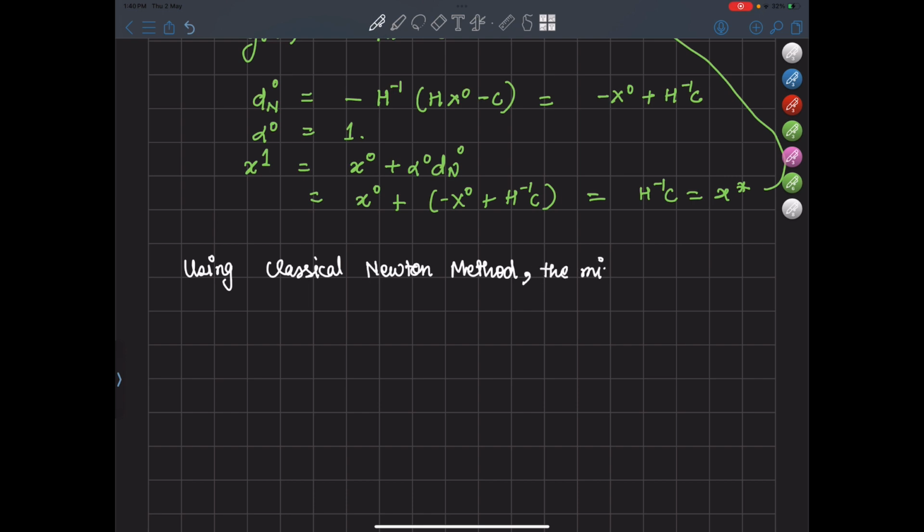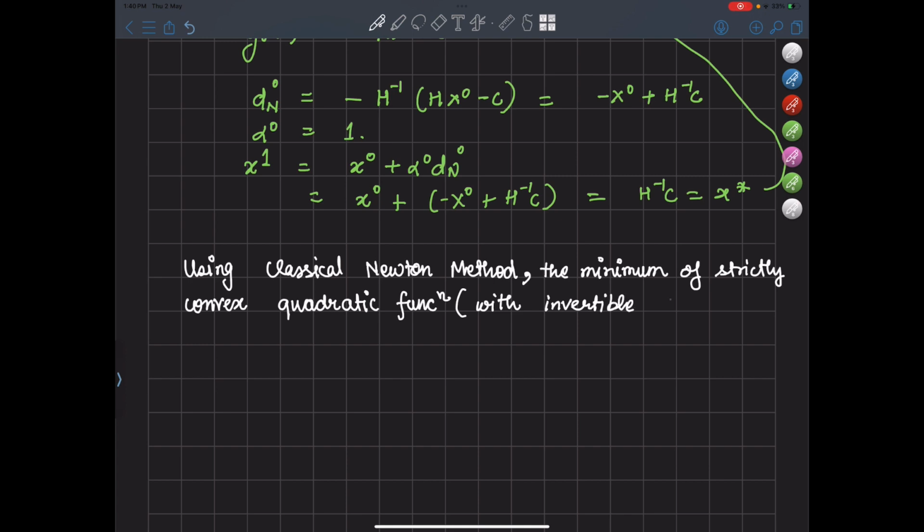The minimum of strictly convex quadratic functions with invertible Hessian matrix is attained in one iteration from any starting point.